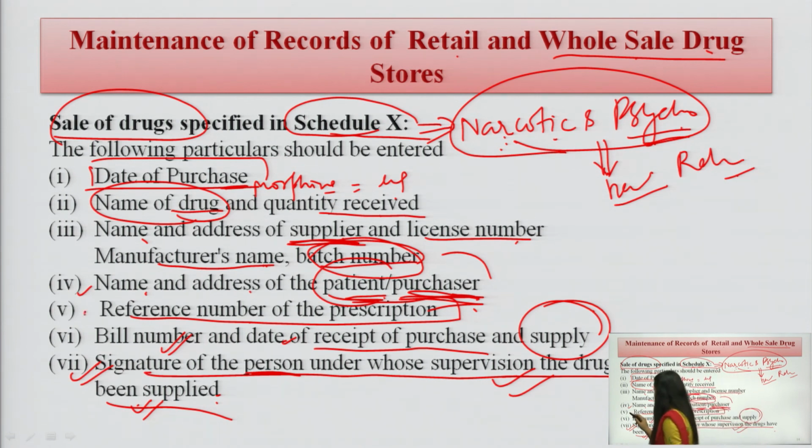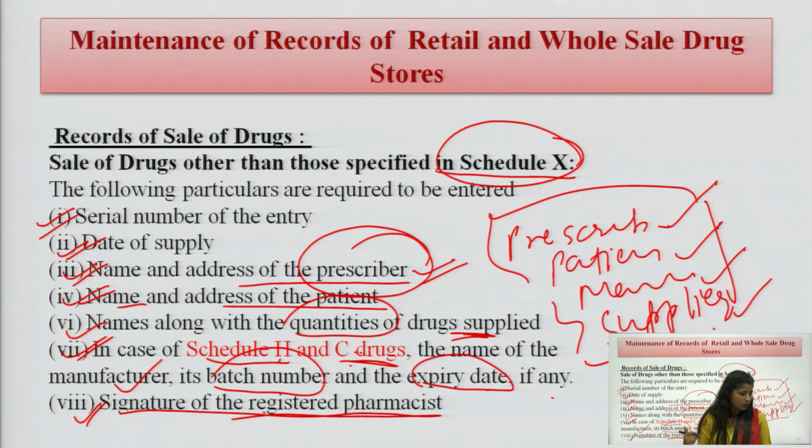So, we will write the reference number, so that if we have maintained the data in a computerized system, we can find that this reference number belongs to this patient, who had taken the drug on a previous date. On that basis we can get the data of previous patients from all these records by seeing the reference number. The bill number is there, and the signature is there. The signature is very important here, I told you.